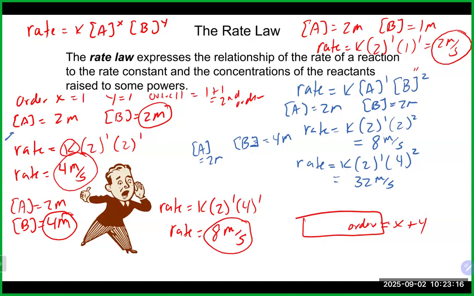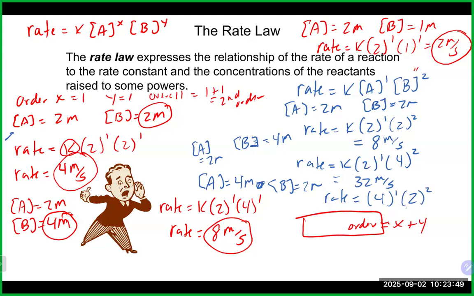The same increase I did in the first reaction, I increased B by 2 by doubling it, and only doubled it. So here we can see between A and B in this reaction, which one has a greater effect on the rate? It would be B, you see a much bigger effect. Because we could do the same thing with A. For example, if I took A and doubled it to 4 molar, and kept B at 2 molar originally, we put that in there and end up with 4^1 and 2^2.